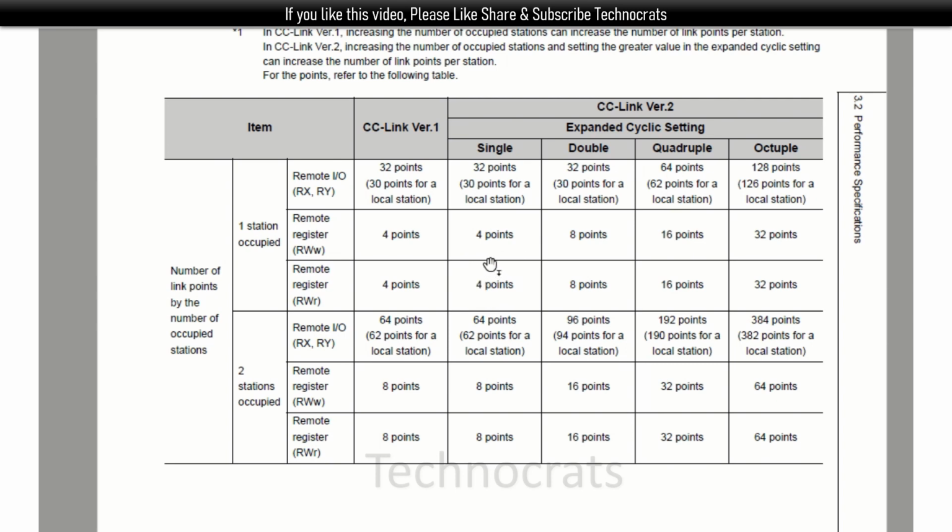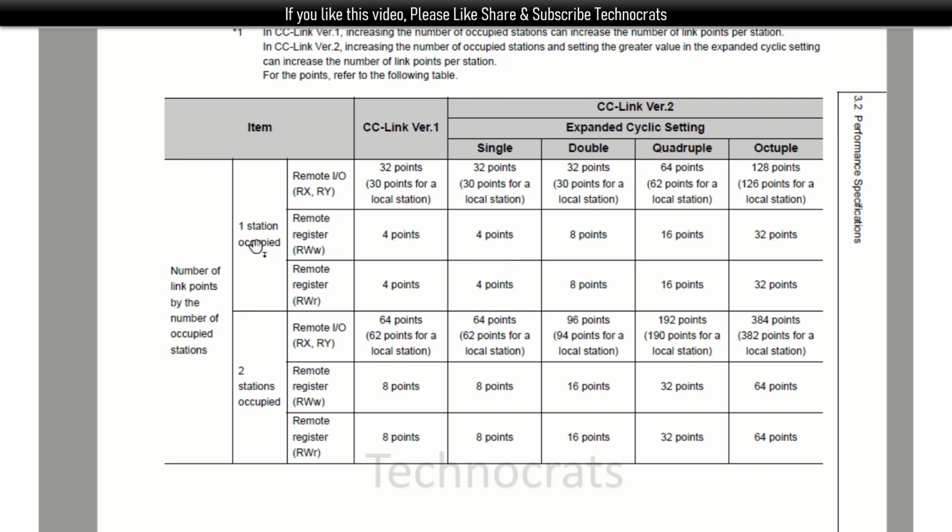So when in station 2 I am configuring an intelligent device station, then its address for Rx and Ry will be same as CC-Link version 1, but its Rww will start from the first point only, as for the first station those points were not occupied.